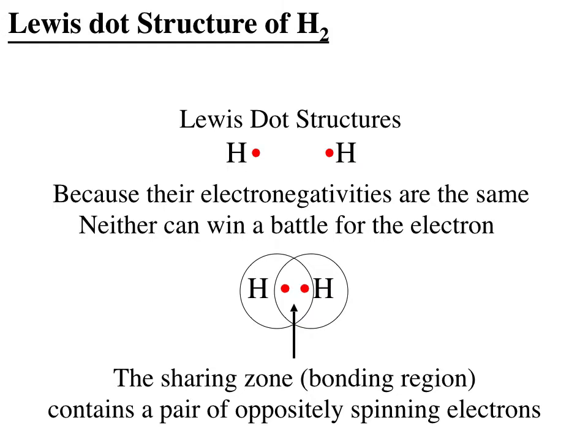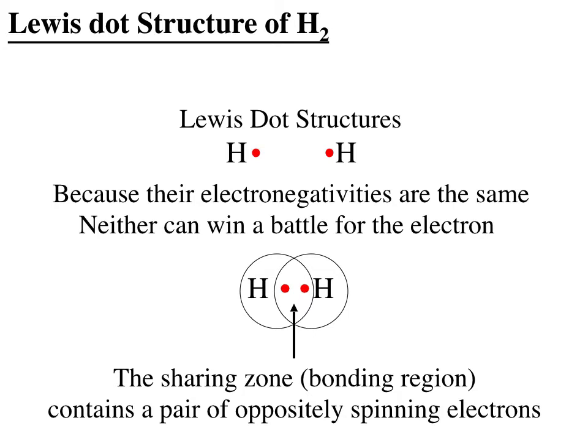Let's begin with the simplest of all possible covalent bonds: the covalent bond which connects a hydrogen atom to a hydrogen atom in a diatomic hydrogen molecule. We see here representations of the Lewis dot structures of each individual hydrogen atom. Remember, each hydrogen atom is in column 1 and has one valence electron.